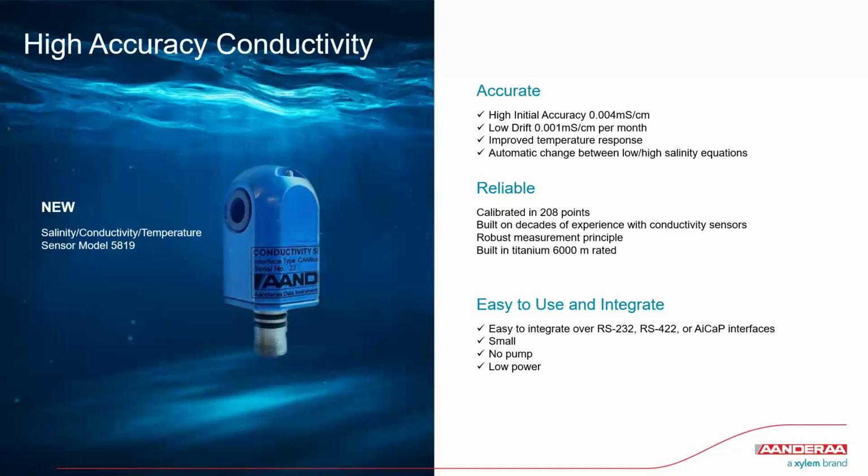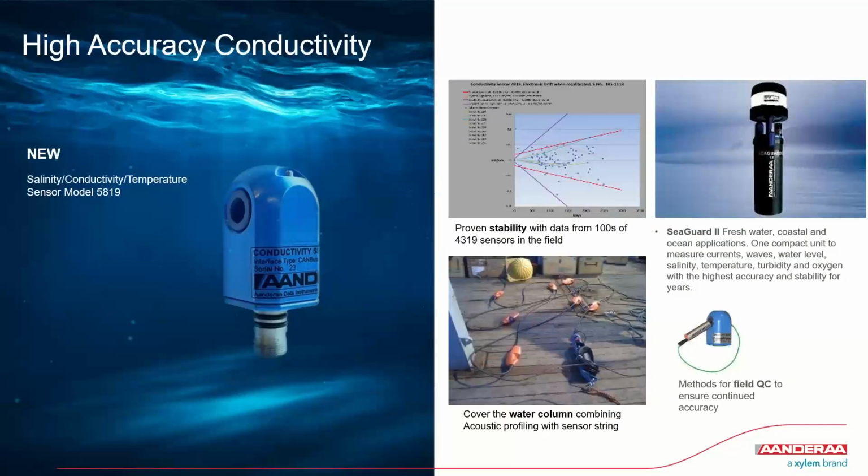So why don't we look a little bit at some of the data we have for this and how it can be used, Anders, with the stability data. Yeah, so the upper graph there shows drift information. You don't see it so well, but it's sensors of the older model 4319 coming in for recalibration at our facility.